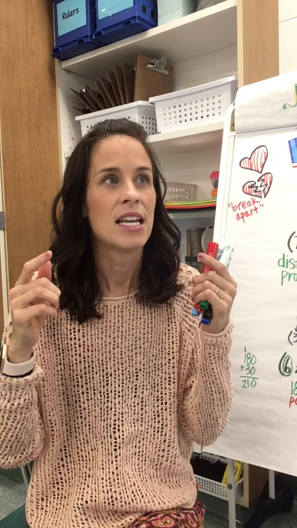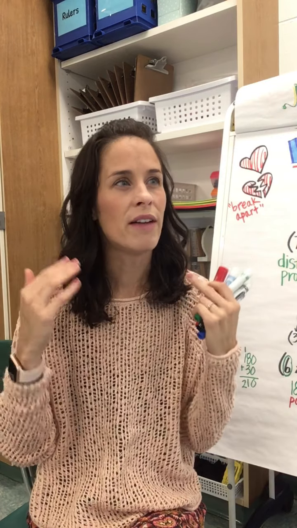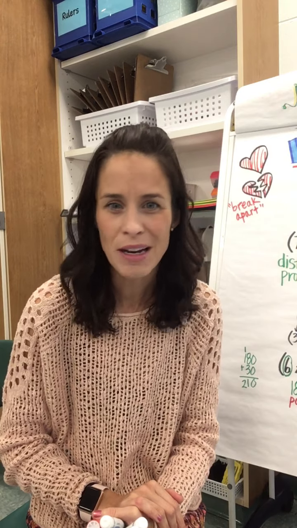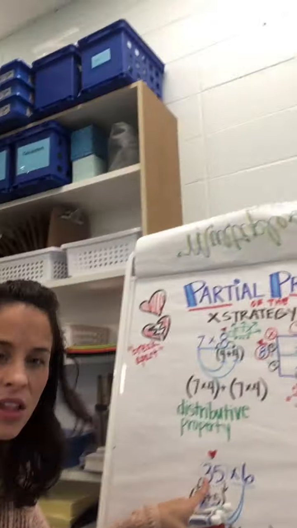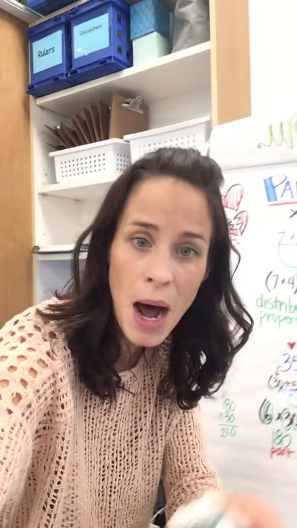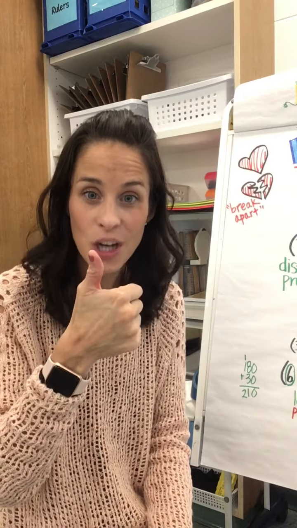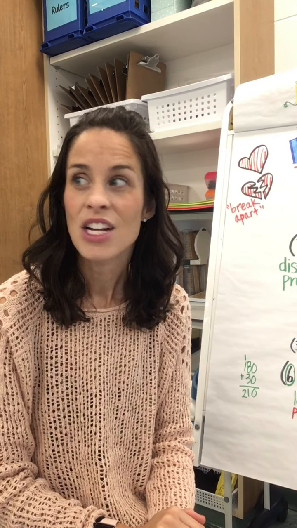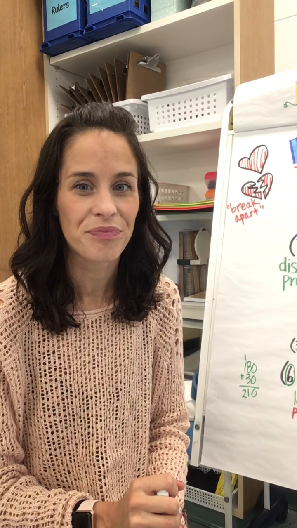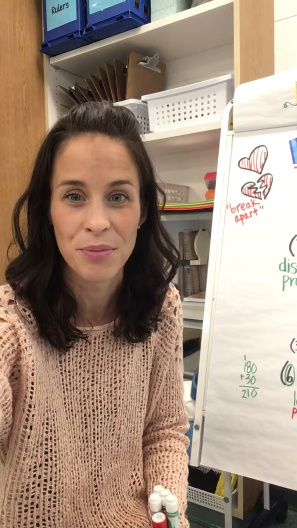So it can kind of start as confusing sometimes, and then when you realize what this strategy is actually telling you, it's actually trying to help you say, wait a minute, you don't have to do these harder facts. You can kind of split them up into easier facts, and the distributive property tells us it's going to work if you do that, okay? So I hope this was helpful. We'll do some practice, and I hope this is a strategy that you can use to help solve multiplication problems this year.